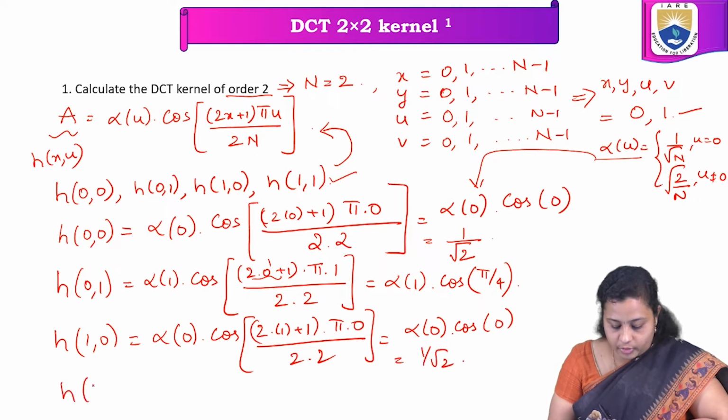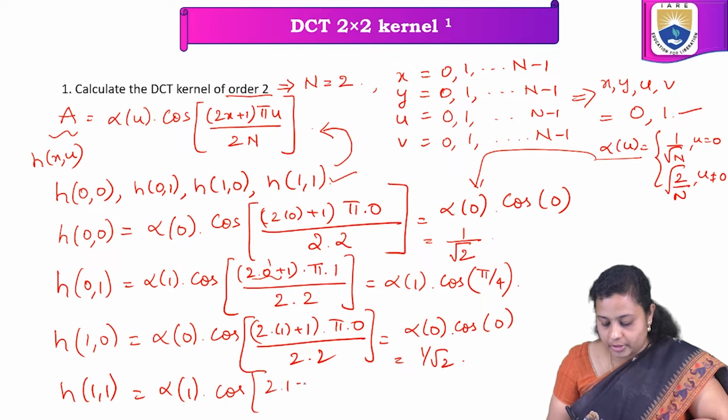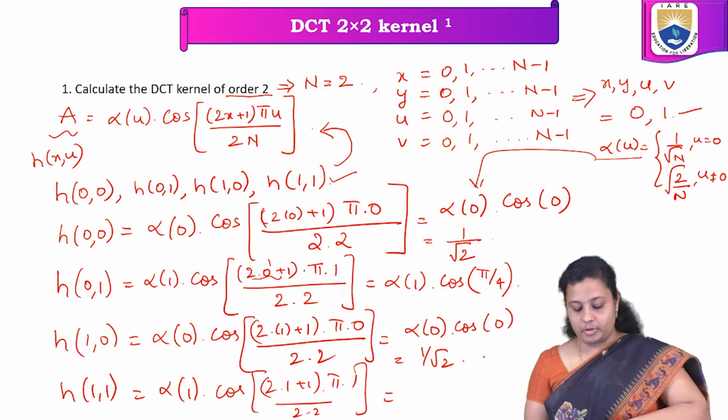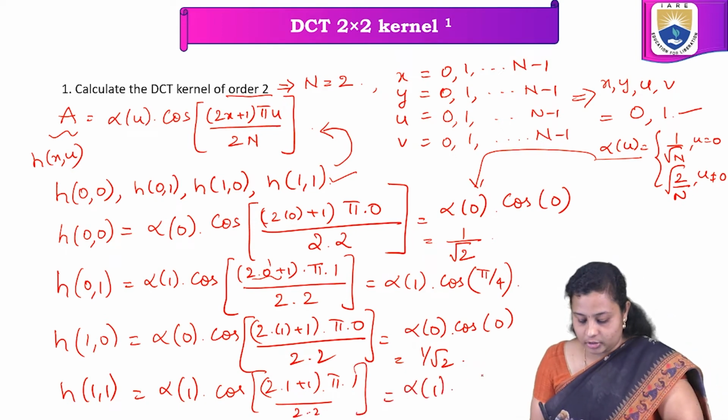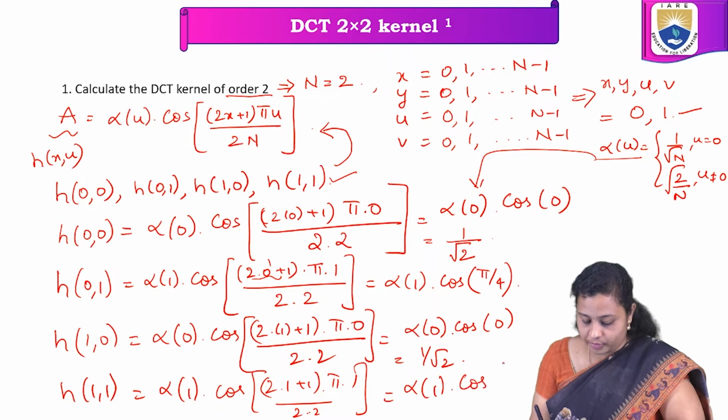So h of 1 comma 1 is given by alpha of 1 cos of 2 into 1 plus 1 into pi by 2 into 2, which will turn up to be alpha of 1 into cos of 3 pi by 4, which is equal to minus 1 by 2.